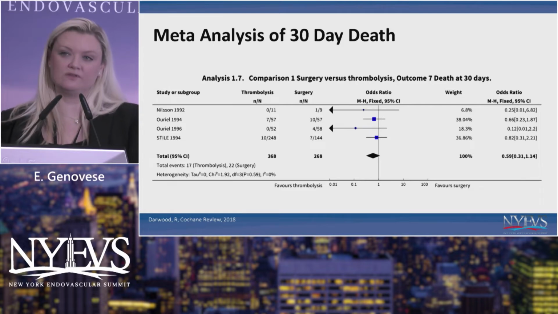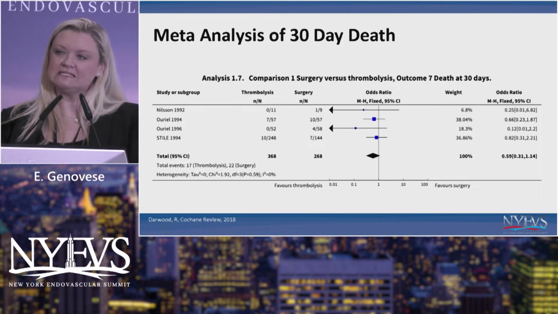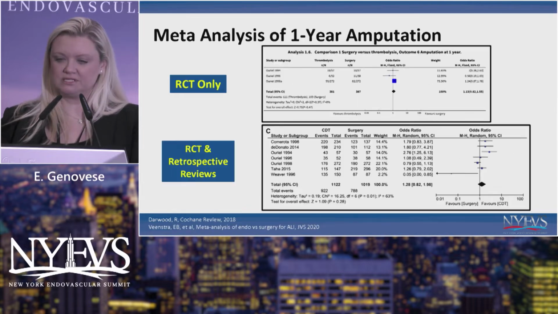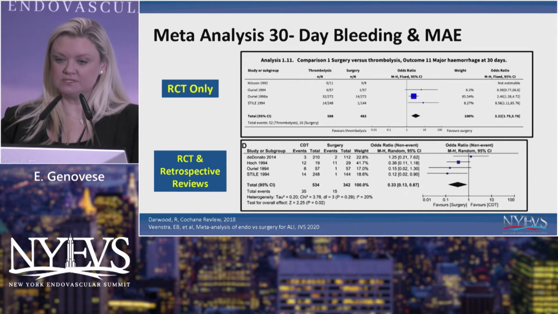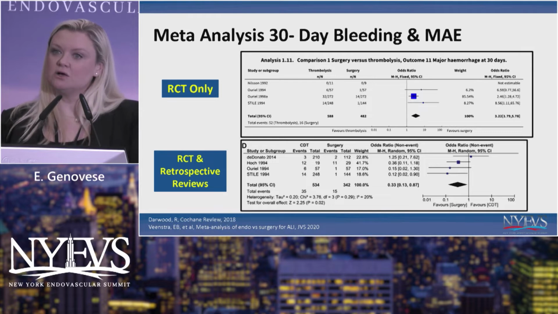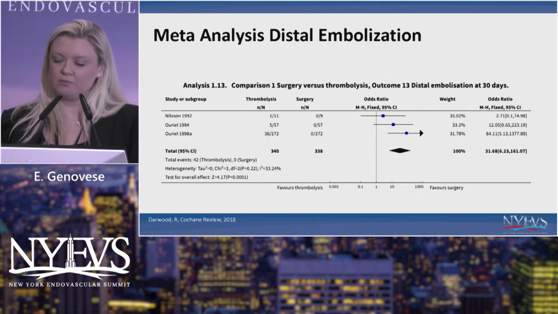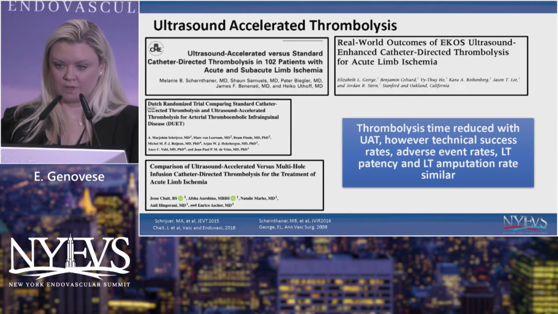There was also no statistical difference in mortality at 30 days, although it tended to favor the more minimally invasive procedure. One-year amputation rate was similar between the two groups. What you did start to notice, pretty consistently in all the studies, is higher rates of bleeding complications with catheter-directed thrombolysis and, obviously, higher rates of distal embolization.